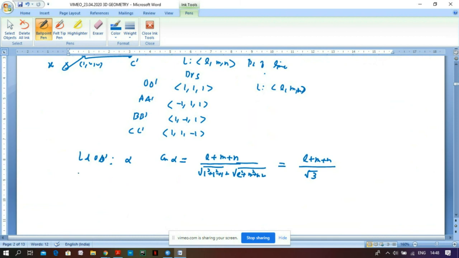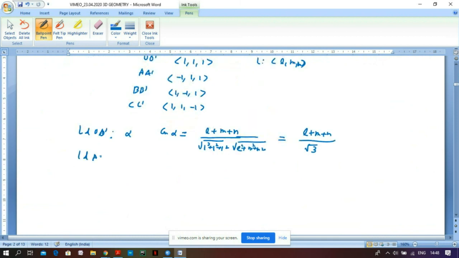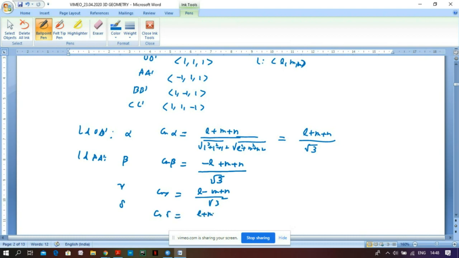Similarly, if I get L and A prime, then the angle is beta, and cos beta equals (−L + M + N) over square root of 3. Then again gamma and delta. So cos gamma is, this negative will keep moving one step, so this is (L − M + N) over root 3, and cos delta is (L + M − N) over root 3.